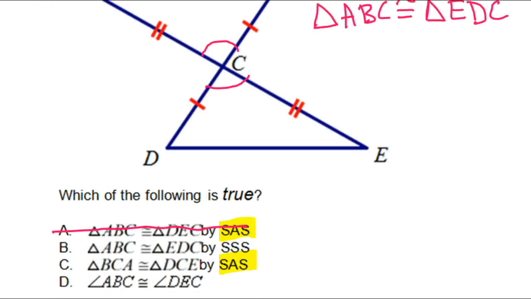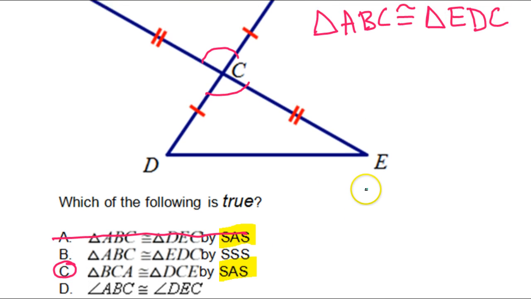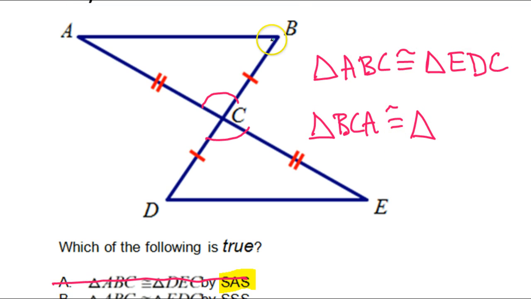Now, let's look at C, and the answer really has to be C because that's the only one left with the side, angle, side. But let's look at it. If they say triangle BCA is congruent to triangle... And again, angle B is going to correspond with angle D. So D should be first.